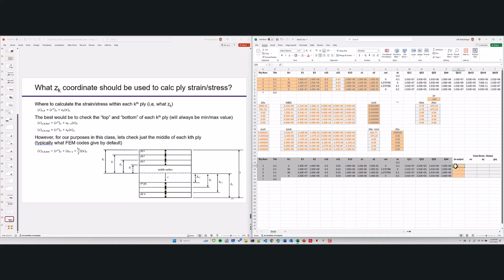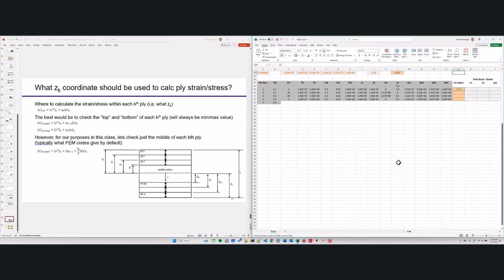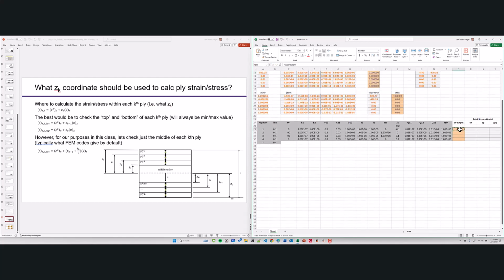Well, that's easy enough. For every ply, it's just going to be the sum of the top plus the bottom divided by 2. And I can just go ahead and copy that all the way down. So I have the z coordinate of the middle of that ply that I want to calculate information at.